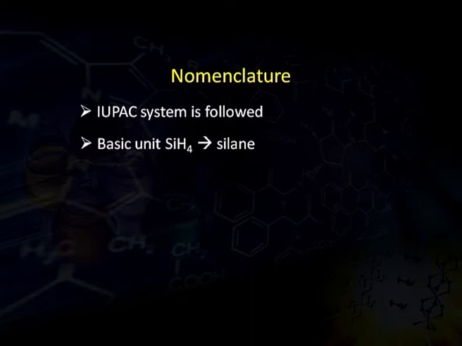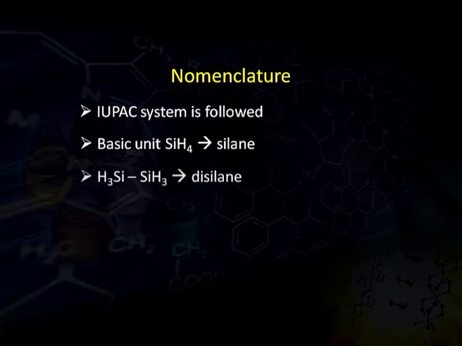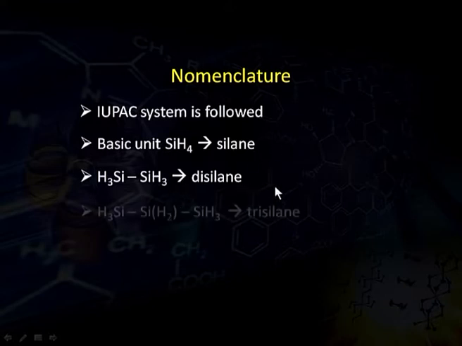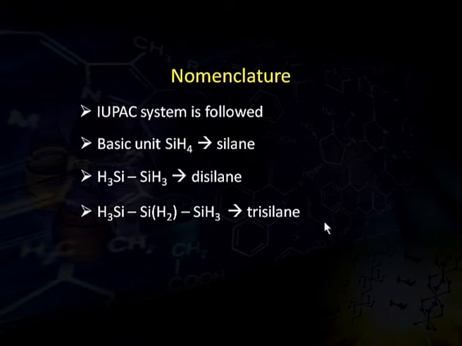The second unit is ethane, then we have propane, butane, pentane and so on. Similarly, we have silane if it contains one unit. If there are two units, it is called disilane. Silane corresponds to methane, disilane corresponds to ethane. If we have 3 units, it is called trisilane and it corresponds to propane. Similarly, we have tetrasilane, pentasilane, hexasilane and so on.